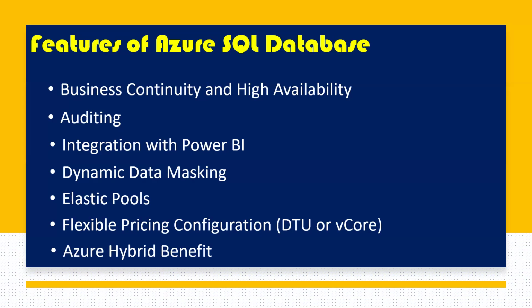Azure hybrid benefit: if you are using an on-premises SQL Server license and migrating to the cloud, you can use the same license in the cloud. So these types of features are there.